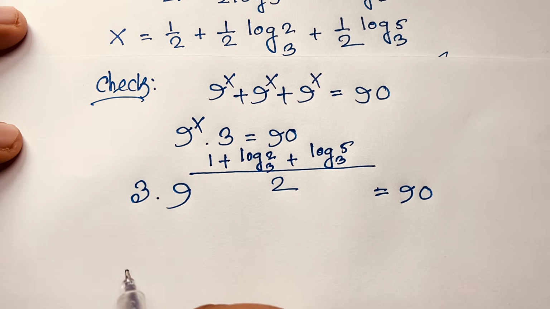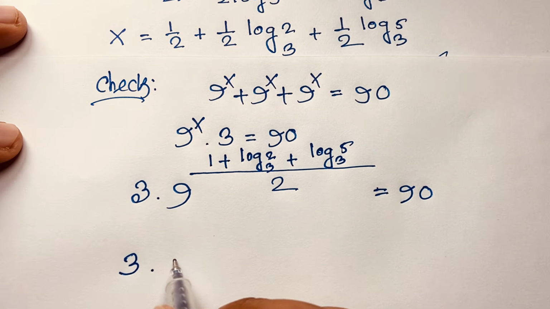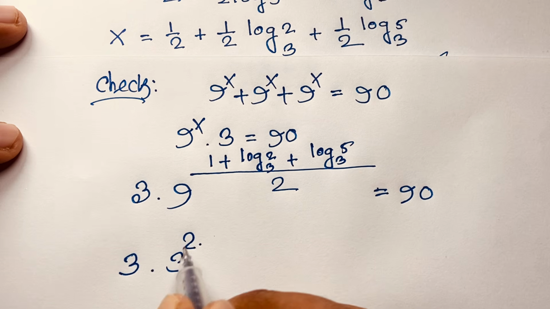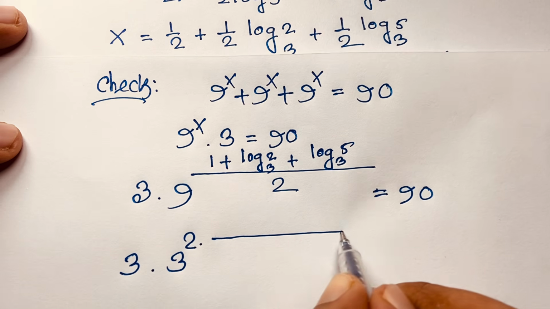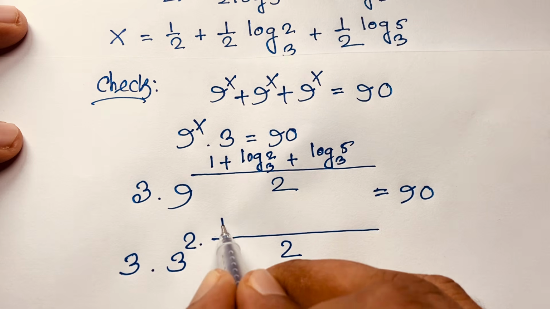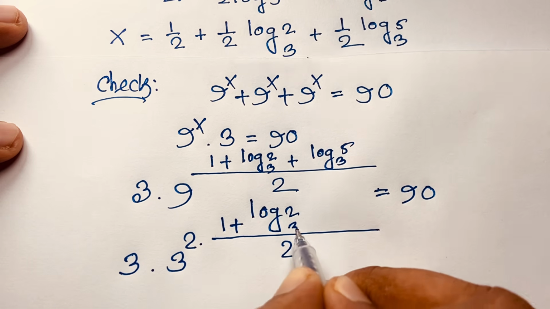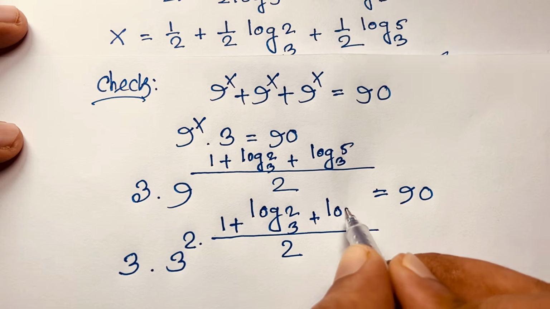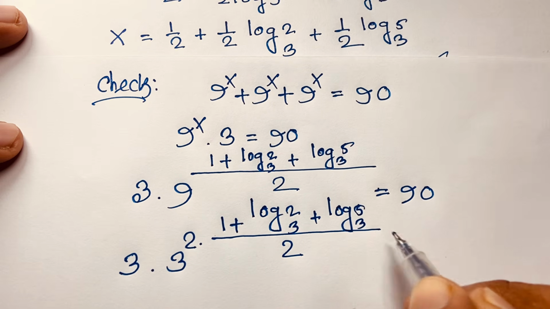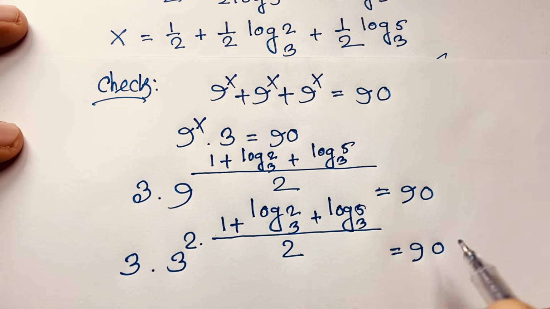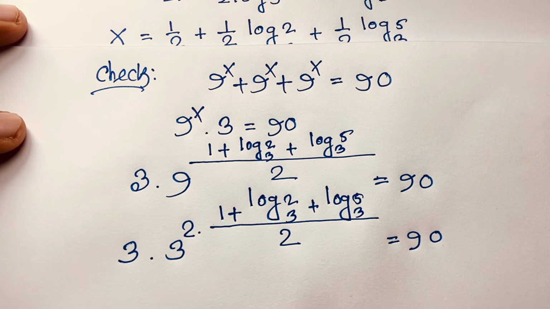Now you can say that 9 will be 3 to the power 2. 3 to the power 2, this is 9. And here our exponent will be 2 times (1 plus log 2 base 3 plus log 5 base 3) over 2 is equal to 90. I solved this interesting exponential maths Olympiad question step by step.